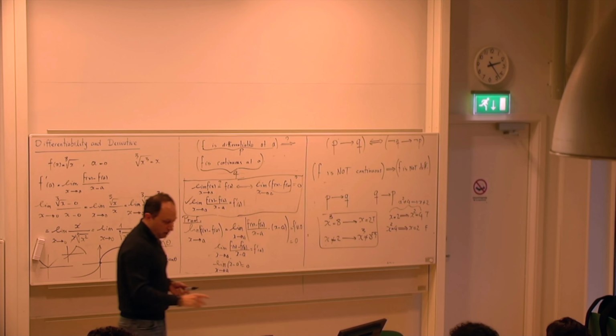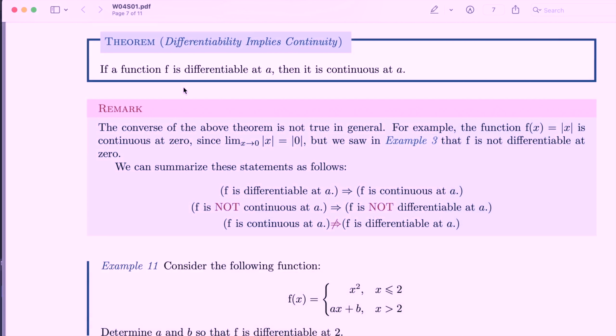Now if I go to this remark, remember, f is differentiable, it guarantees continuity. If f is not continuous, then f is not differentiable. But if f is continuous at a, there is no guarantee that the function is differentiable at a. What was the counterexample?